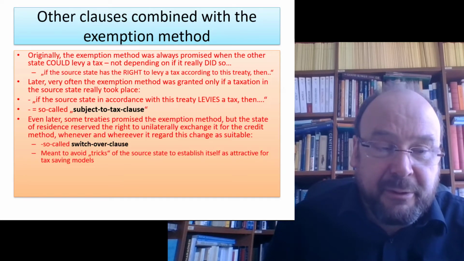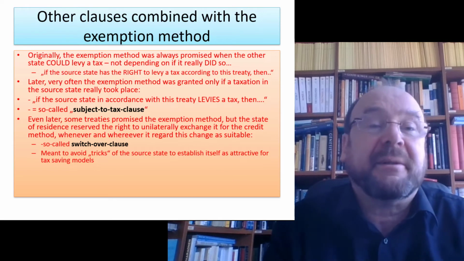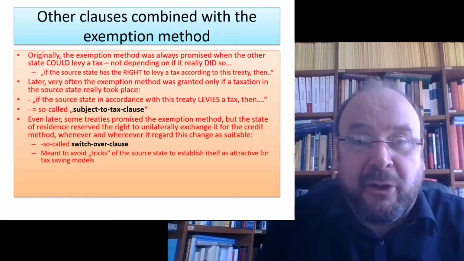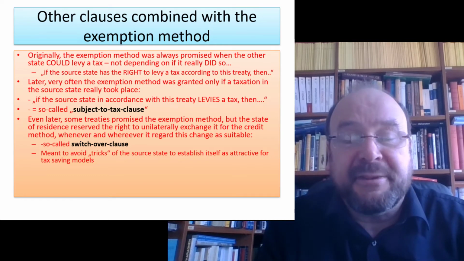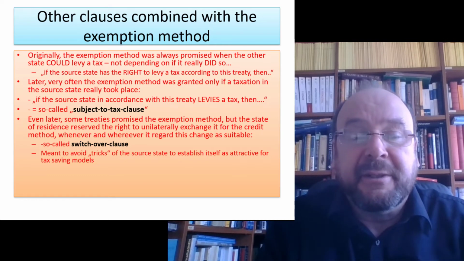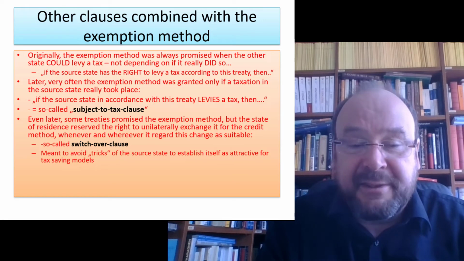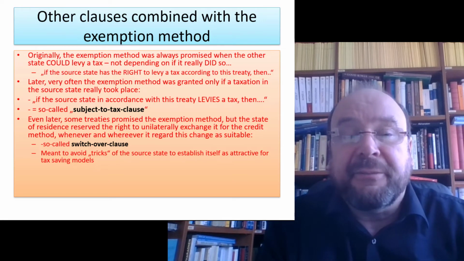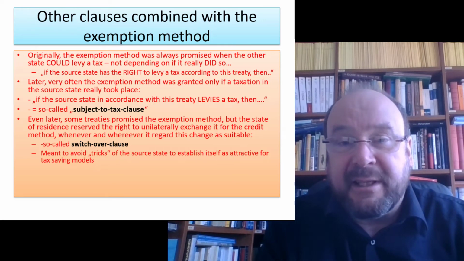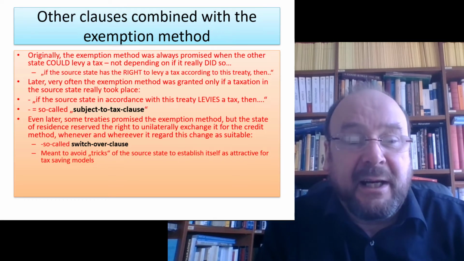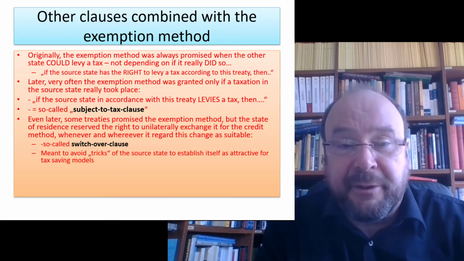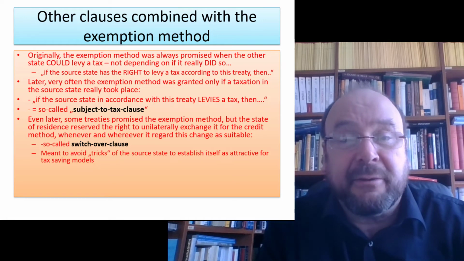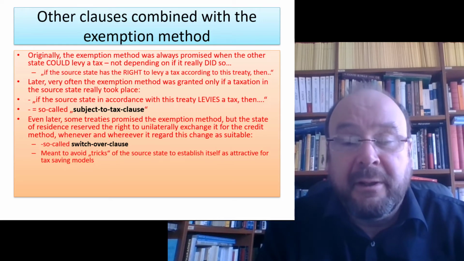Later, people learned from that the subject to tax clause is not always a good solution for the potential problems of the exemption method, and so some treaties promised the exemption method, but the state of residence then added a clause which says, I reserve the right to change the method for the avoidance of double taxation unilaterally. That means alone.